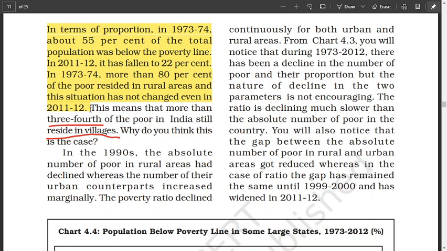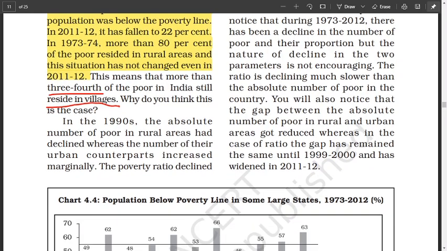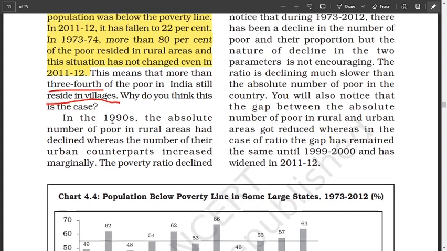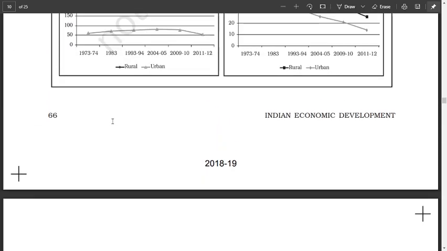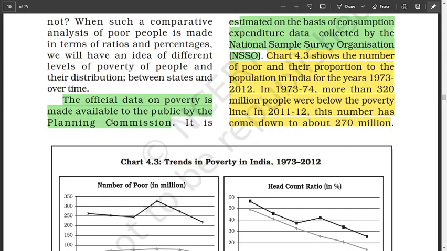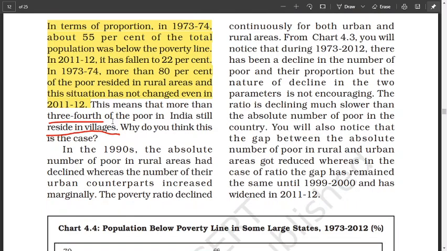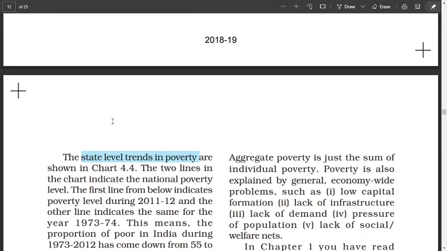But in 2012, nothing has changed. More people are poor in rural areas than in urban areas. This means that more than three quarters of the poor in India still reside in villages. So the majority of people in villages are poor. That's the point to note. The percentage has come down from 55 to 22, and in absolute terms from 320 million to 270 million is the number of poor that we have in India.